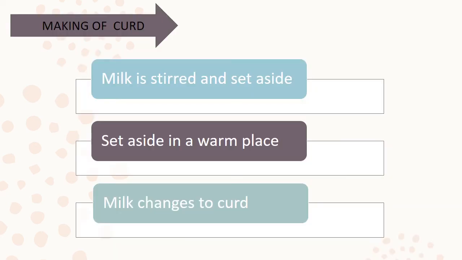Okay, another activity is the making of curd. You can see this activity in your home. Milk is stirred and a little bit of curd is added. It is set aside in a warm place, and after a few hours the milk changes to curd.